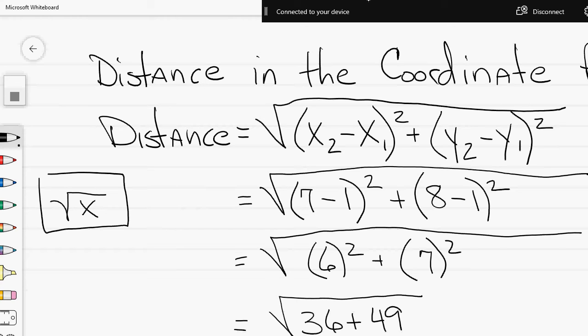And it's like 9.2195445 and more. It keeps going, fills up your whole screen. Okay? But we're going to round everything to wherever the book asks you to round to. All right? And in this case, it looks like they're going to the nearest tenth.